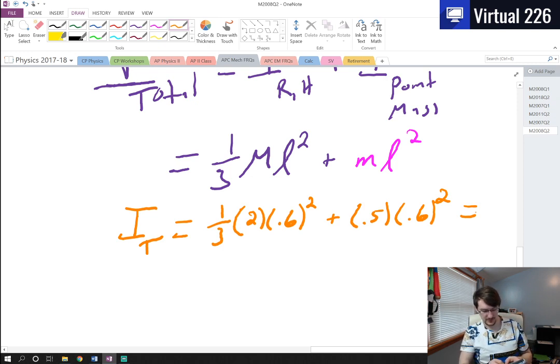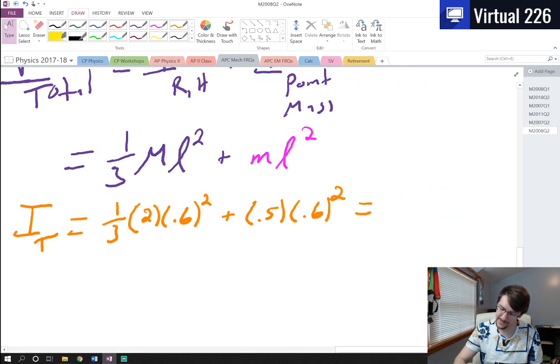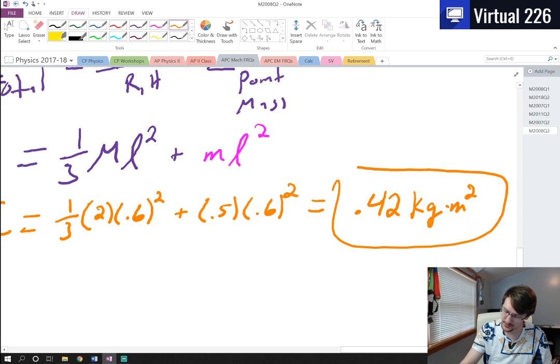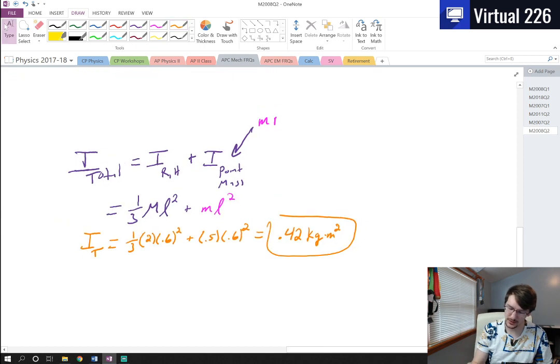Let's just crush this number. 0.6 squared times 2 divided by 3 plus the quantity of 0.6 squared times 0.5, 0.42. So this gives us 0.42, and that's always mass in kilograms times distance in meters squared. Okay, that's what we want. Got to remember that second part here.